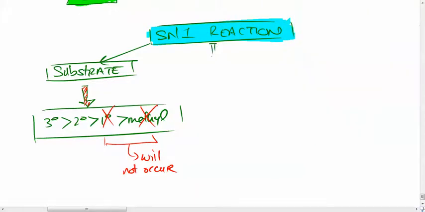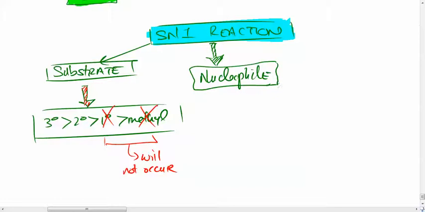Now we're still going to be using a nucleophile, just like in the SN2. But what kind of nucleophile are we using? A strong nucleophile? Not a strong nucleophile. We're going to be using mainly a poor nucleophile.